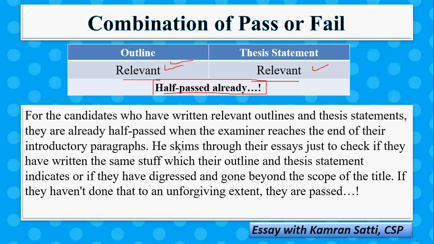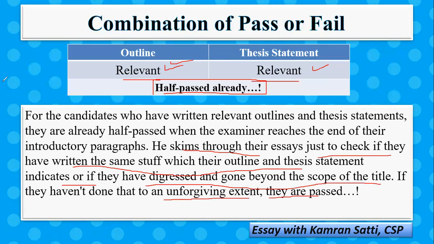Now all he will do is skim through your essay just to check if you have written the same stuff which your outline and thesis statement indicate. He's just checking that the candidate hasn't digressed and gone beyond the scope of the title. If they haven't done that to an unforgiving extent, then they are passed.